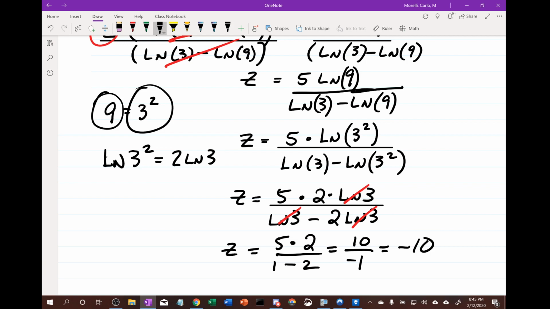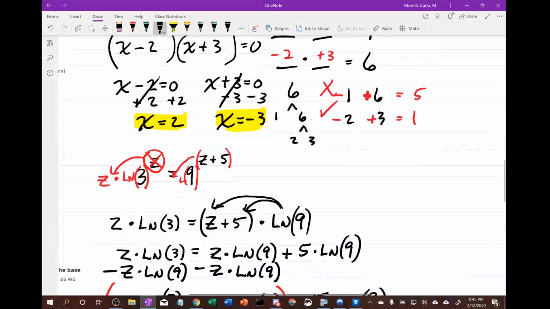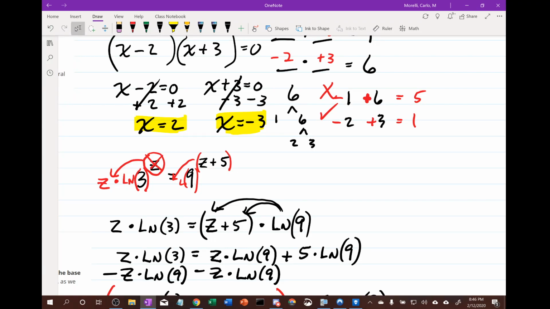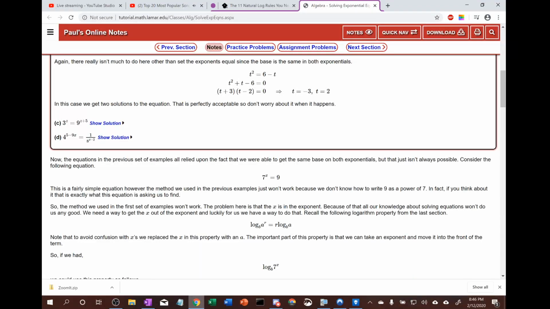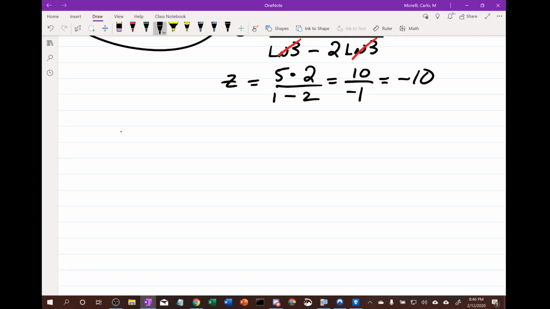That was like a ton of mathematics. Now, the easier way to have done that was to have recognized this. All right. So going back to the beginning of the problem, which was 3 to the z equals 9 to the z plus 5.